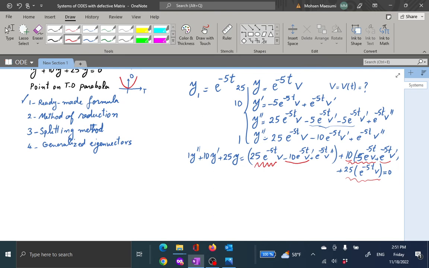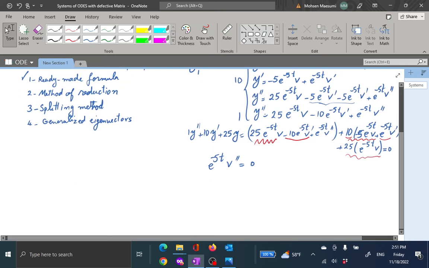Plus 25 minus 50 plus 25 cancel out, so a lot of magical cancellation. All that is left here is exponential of minus 5t v double prime equal to 0. Well, exponential is not 0, so we can divide by that, and we get v double prime equal to 0.